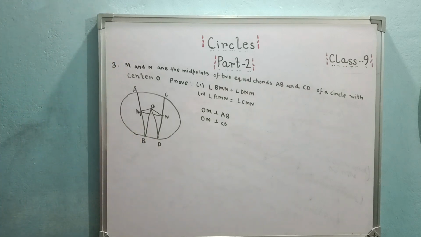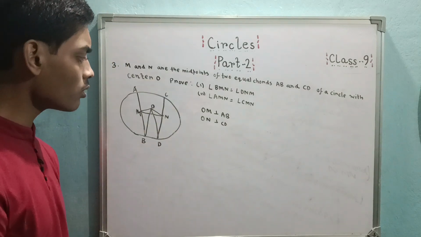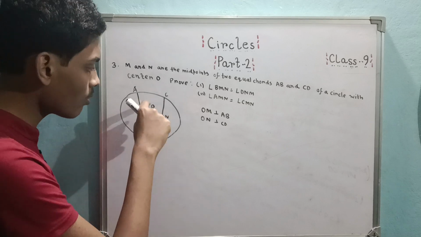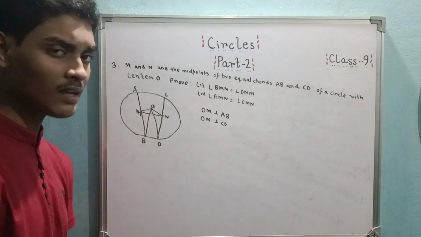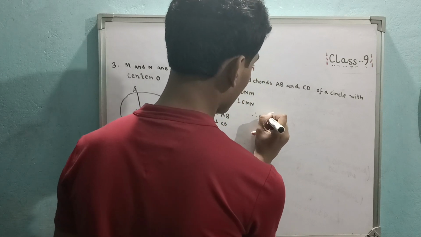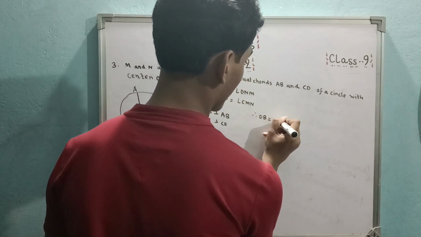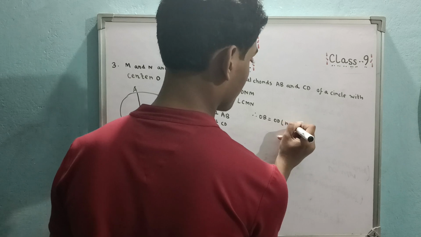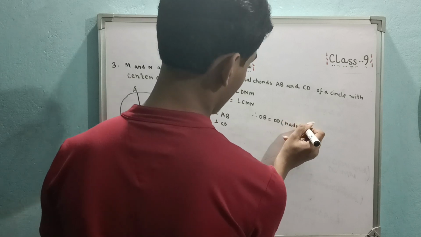Now, one thing you see, OB and OD are both the radius of the circle, right? Because from the center to any point of the circumference, that's the radius. Therefore, OB equal to OD, radius, right? Remember this?